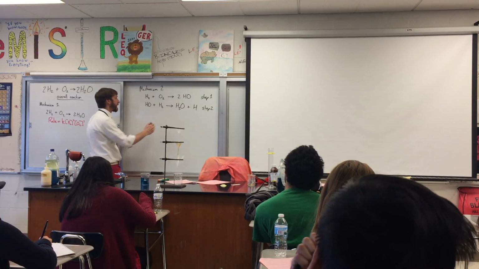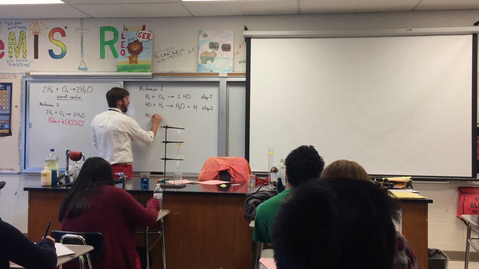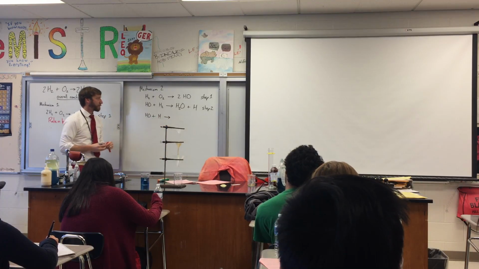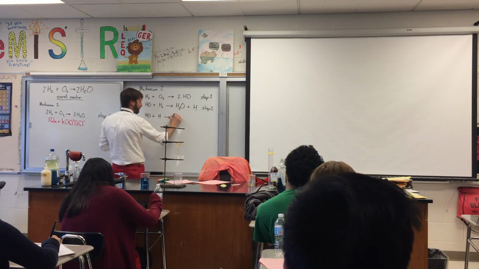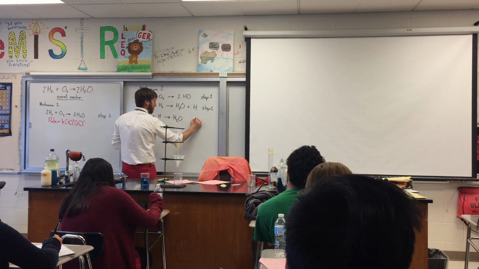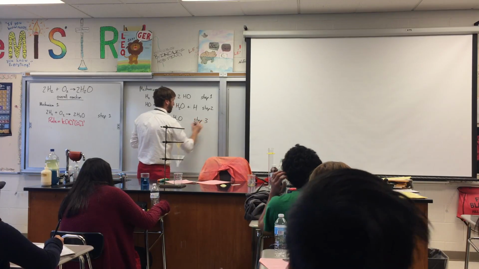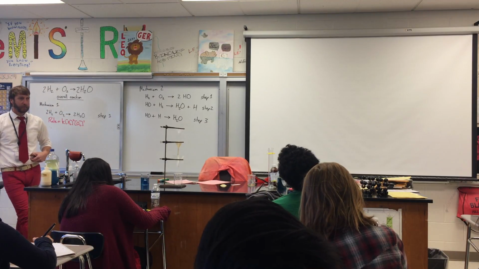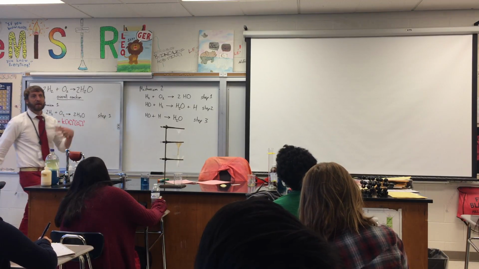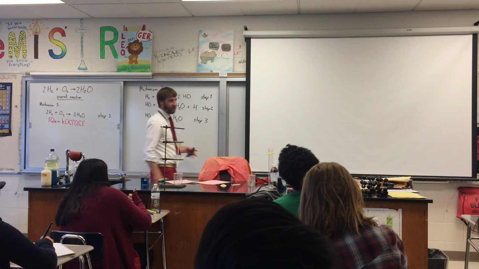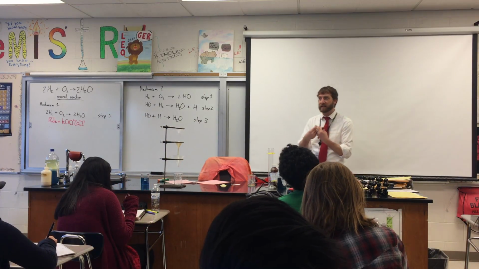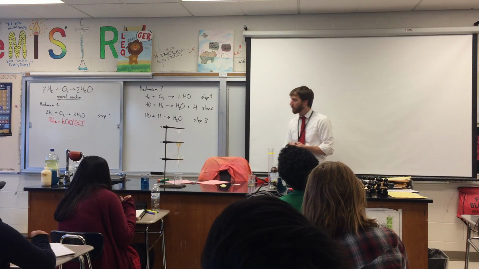Okay, so maybe a third step is that that other HO combines with this single H and creates our second H2O. So this is another alternate mechanism, a possible step-by-step, collision-by-collision way that this reaction might occur.